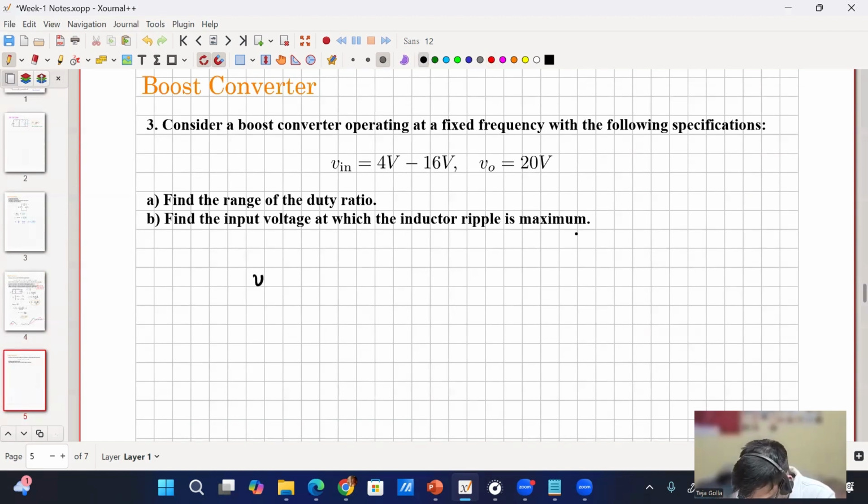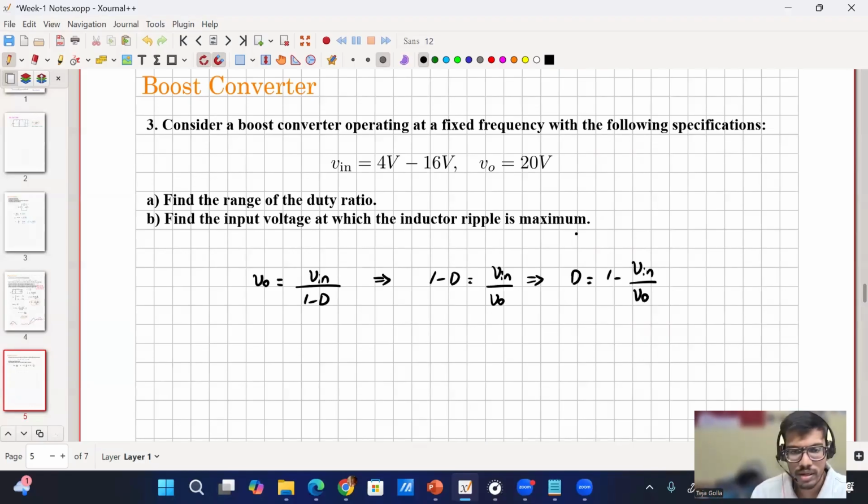So for a boost converter, V naught by V in is 1 by 1 minus D. So V naught is V in by 1 minus D. If I calculate duty ratio, 1 minus D is basically V in by V naught, and then duty ratio is nothing but 1 minus V in by V naught. So I need minimum and maximum duty ratio, which will happen at minimum and maximum input voltage.